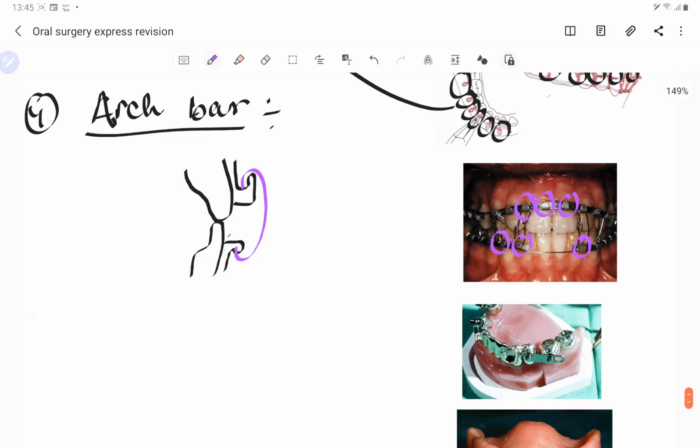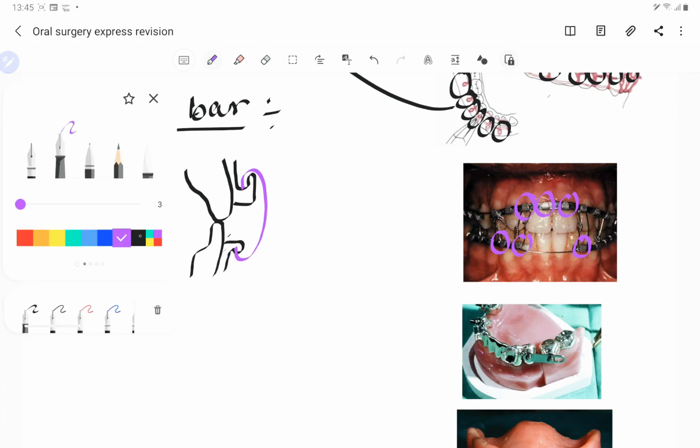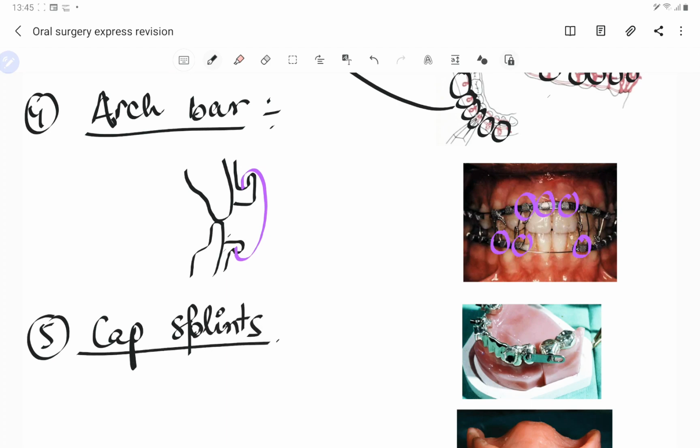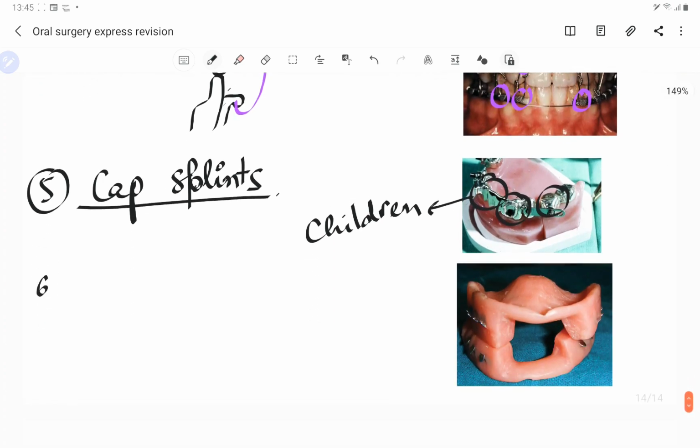Then guys, we also have in the diagram over here the cap splints. So these are like caps, but they are serving the purpose of splinting. So if you can see here, these are the cap splints and these are used in children. Then we have the gunning splints.